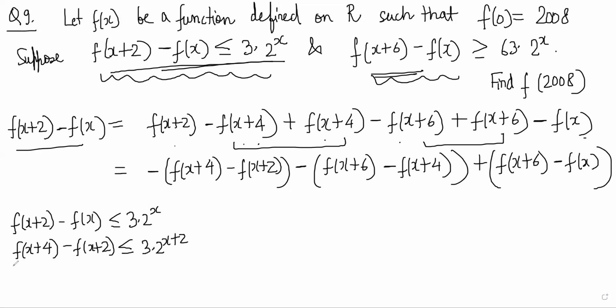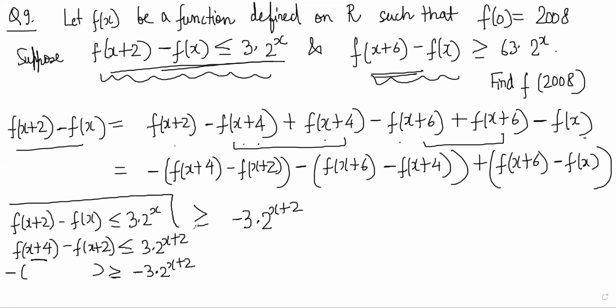So if I put a minus sign, minus of this will be greater than equal to minus of 3 into 2 power x plus 2, right? So I can say this first term will be greater than minus 3 into 2 power x plus 2, right? Similarly, the second term, doing the same steps here, except now here instead of x plus 4, I put x plus 6 and x plus 4. So we'll have x plus 4 here, right?